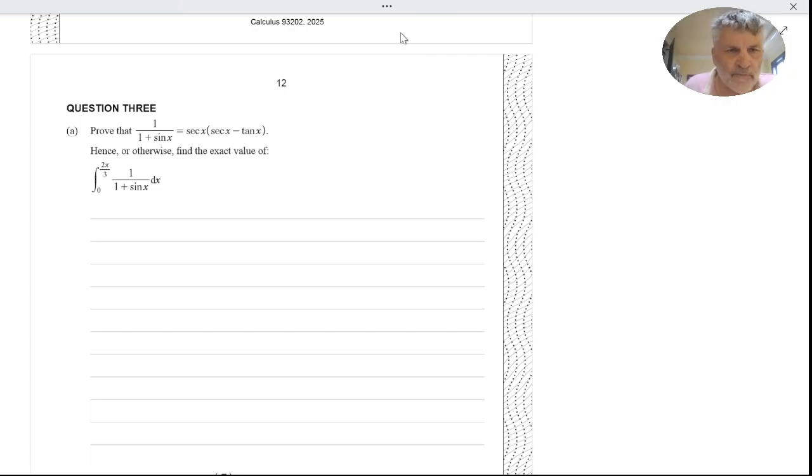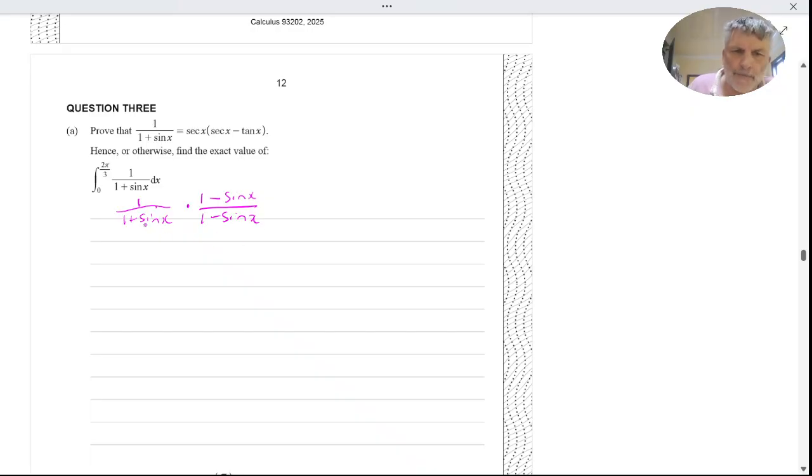So we've got 1 over 1 plus sine x. We don't want sums in the denominator here, so a way to get rid of that is if we multiply this by 1 minus sine x over 1 minus sine x.